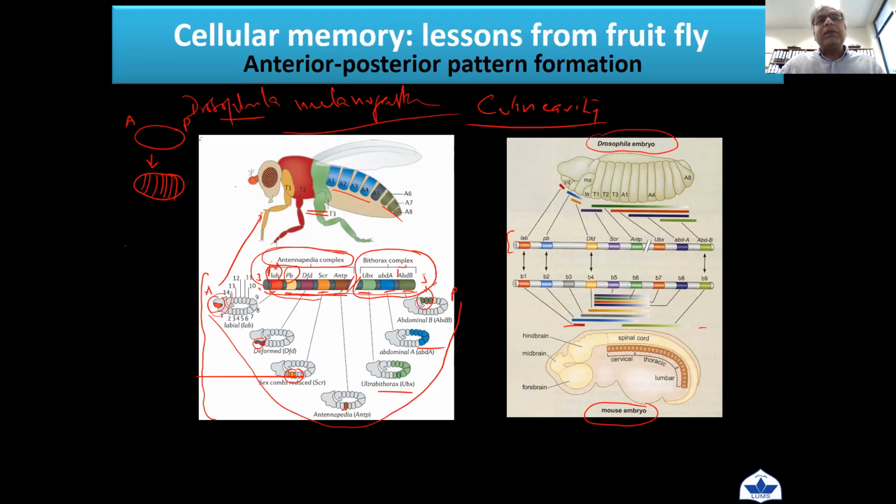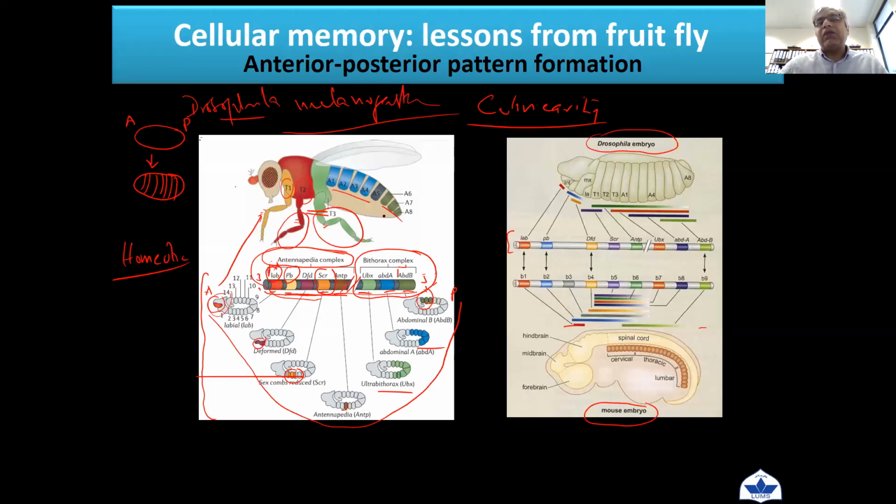Now we call them homeotic genes in fly because if any one of them, for example, sex combs reduced, gets ectopically expressed in a region where normally it is silent, you will get sex combs produced here as well, which means thoracic segment 2 is taking up the identity of thoracic segment 1.